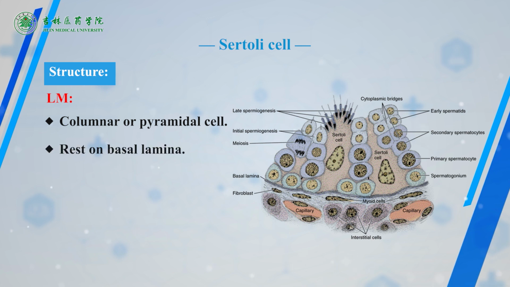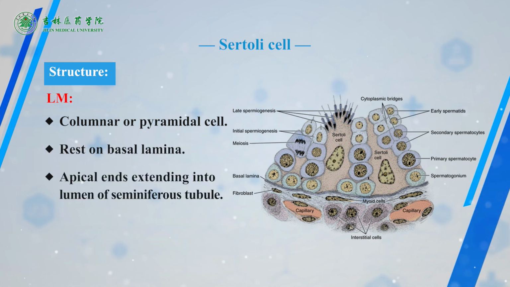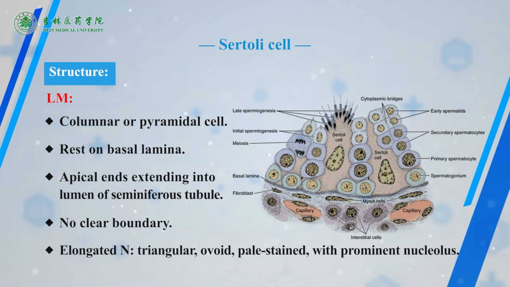The cells rest on the basal lamina. Their apical ends extend into the lumen of the seminiferous tubule. The outlines of Sertoli cells appear poorly defined because of the numerous lateral processes that surround spermatogenic cells.